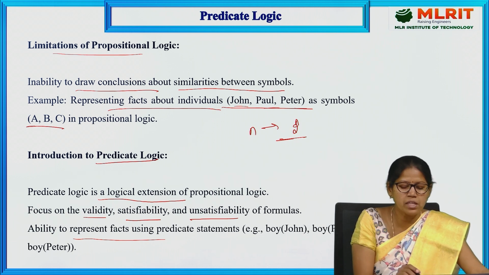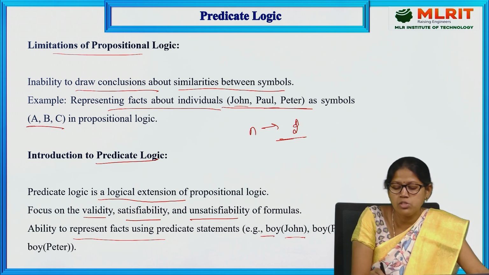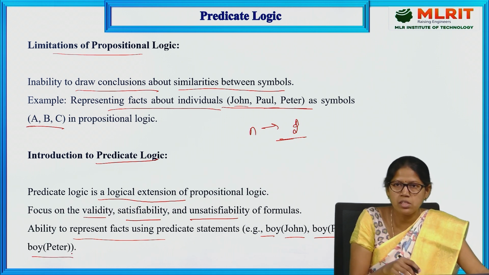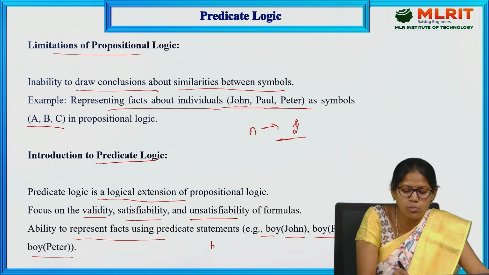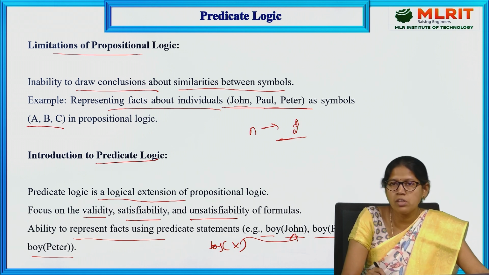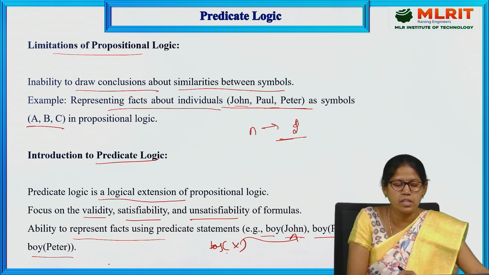In predicate logic, we can write boy John, boy Paul, boy Peter. If you want to represent the three at a time, you can write boy of X. X is a variable which can be bound to the actual value: X is John, X is Paul, X is Peter.